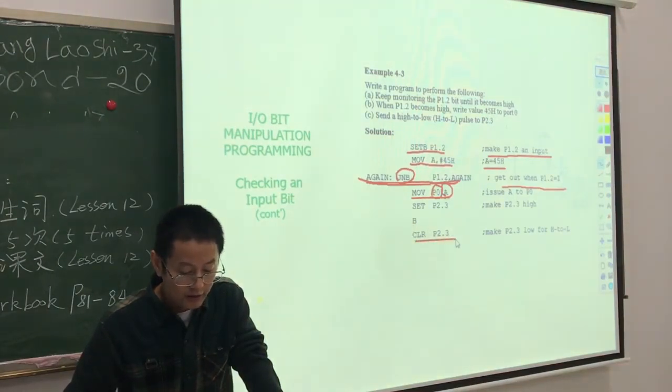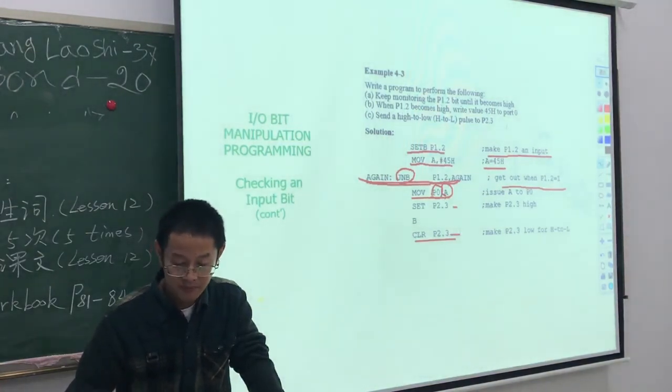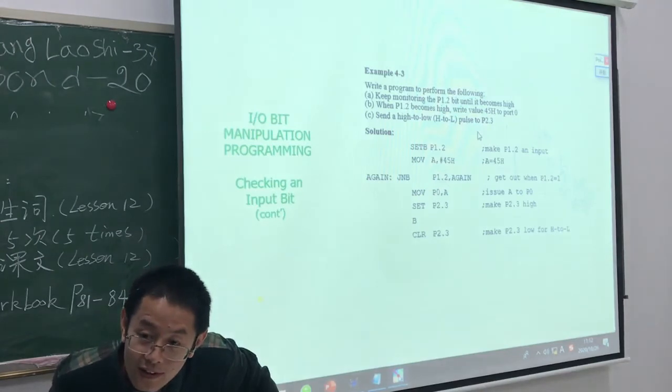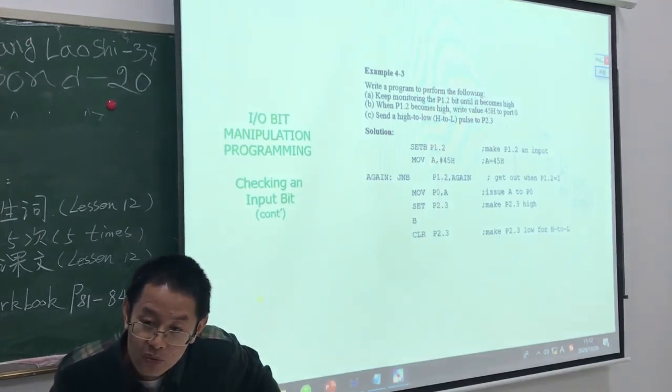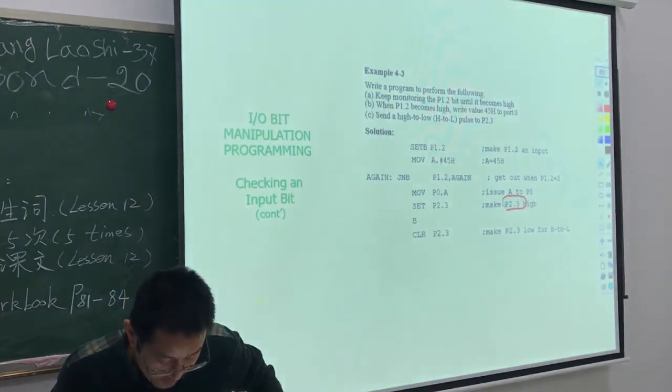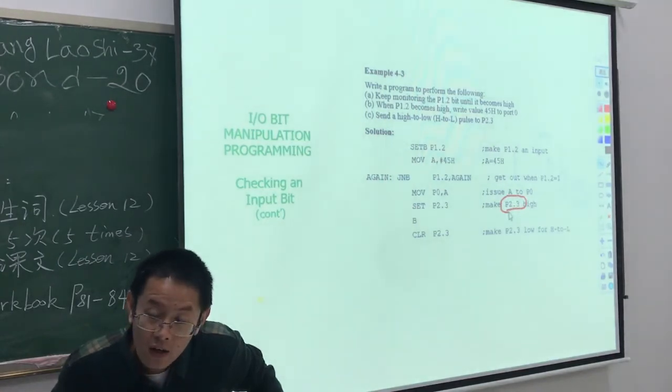Here is clear, here is 1, here is 0. You said P2.3 is equal to 1.